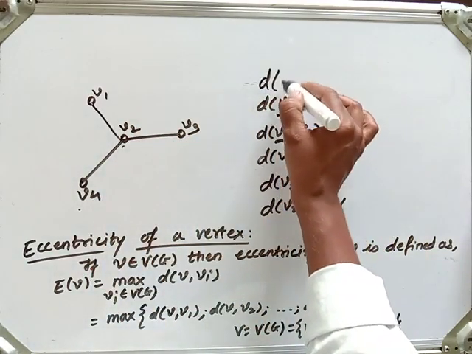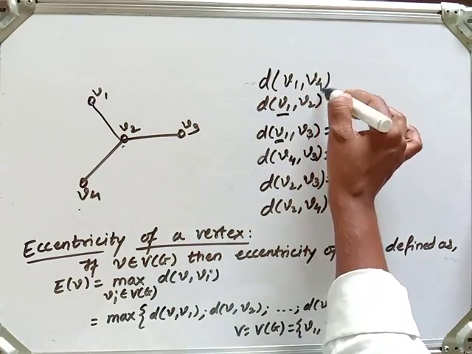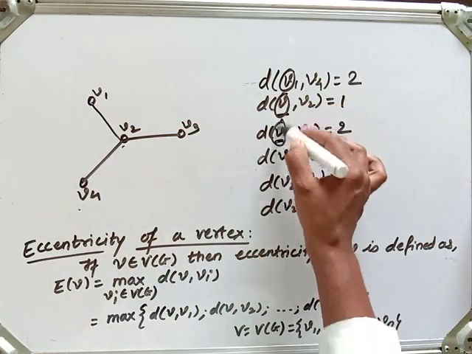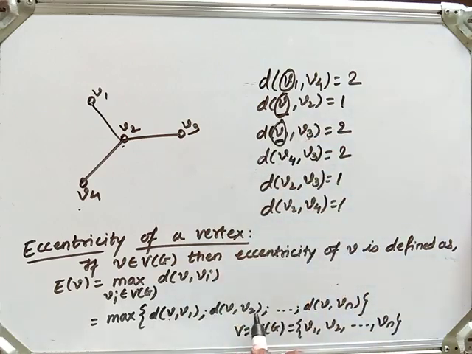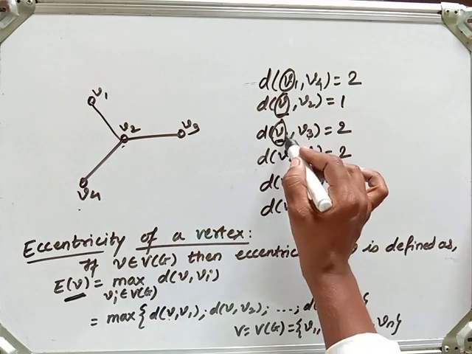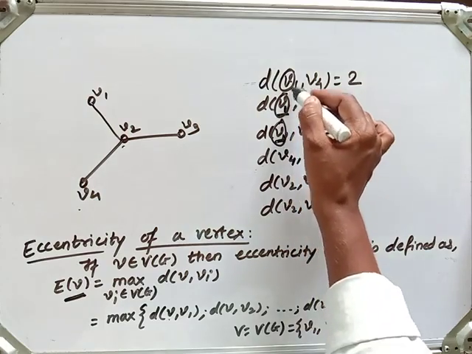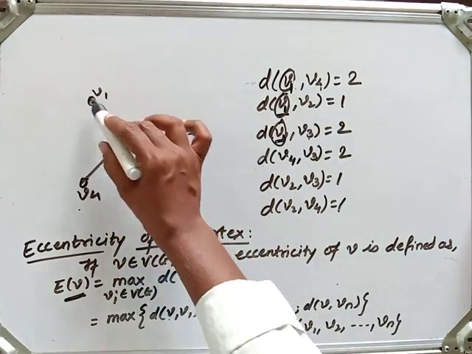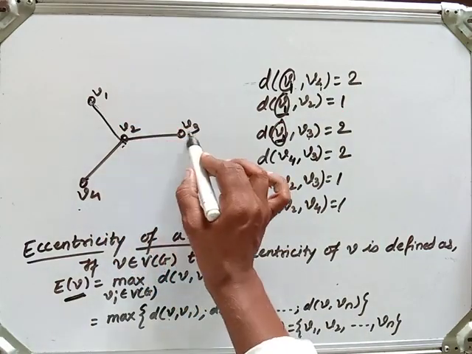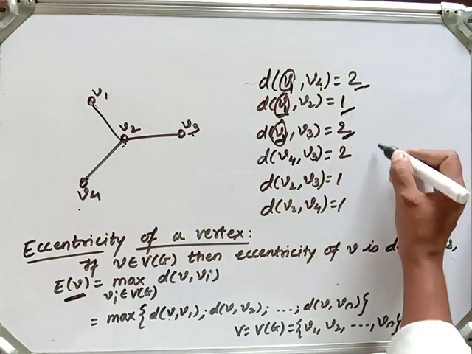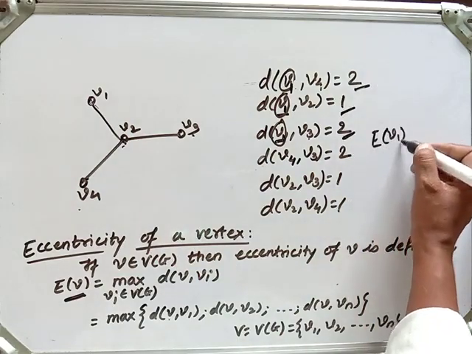The distance from V1 to V4 is 2. So keeping V1 fixed, we get the distances from V to V1, V2, V3, and so on up to Vn, which gives the eccentricity of V. So distance from V1 to V4 is 2, V1 to V2 is 1, and V1 to V3 is 2. The maximum among these three is 2, so the eccentricity of V1 is 2.